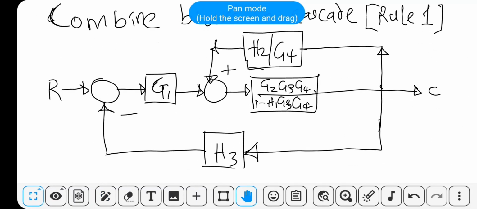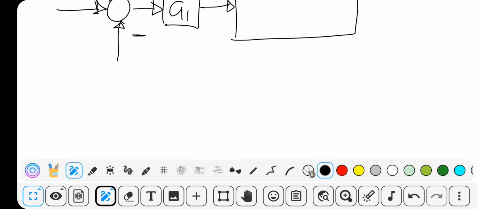We already know that there is a negative sign on this other side, so we'll stick to that.